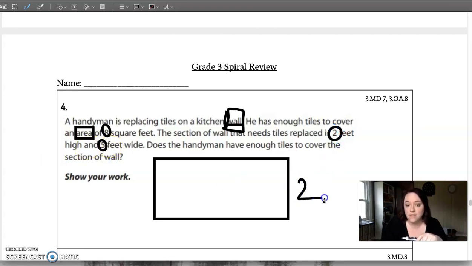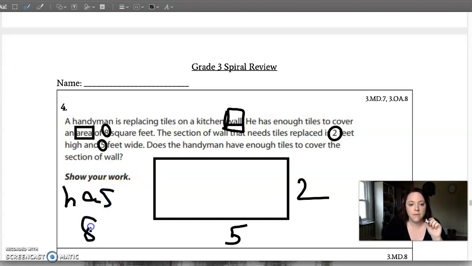So we know that this is 2 and this is 5. Now, it says he has 8. So I'm going to write over here, has 8. Now, we need to know what this area is to find out if he has enough or not.